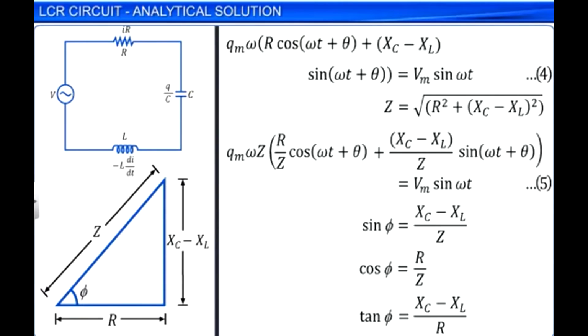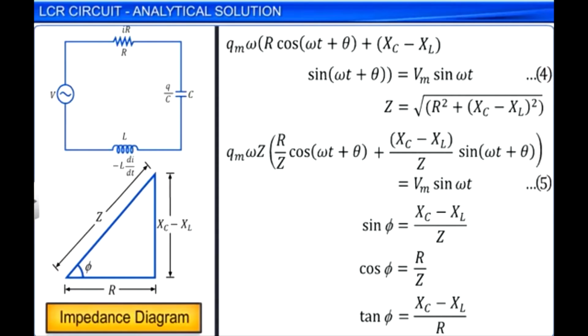This is called the impedance diagram. From the impedance diagram also, we observe that tan φ is equal to (Xc minus XL)/R. Hence, we get the same relation for φ as was obtained through the phasor approach that we learned earlier.